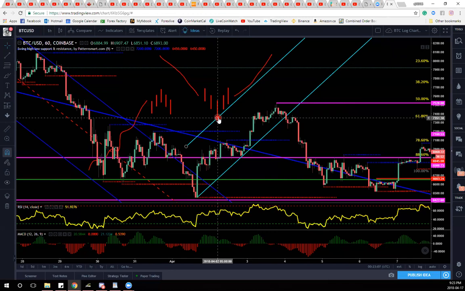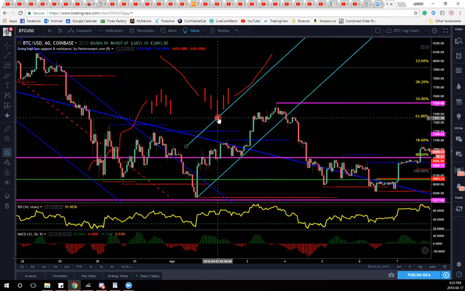If somebody tells you to just use the wicks, that's wrong. If somebody tells you to just use the bodies, that's wrong. Use the whole thing. We use the confluence of indication. If we get 4 touches by excluding one wick somewhere along the trend line, that's what we're going to do. If we still get our 4 touches by using all the wicks lined up, then that's what we use.